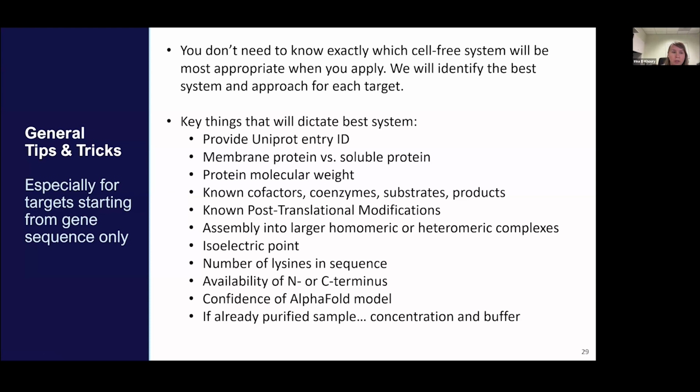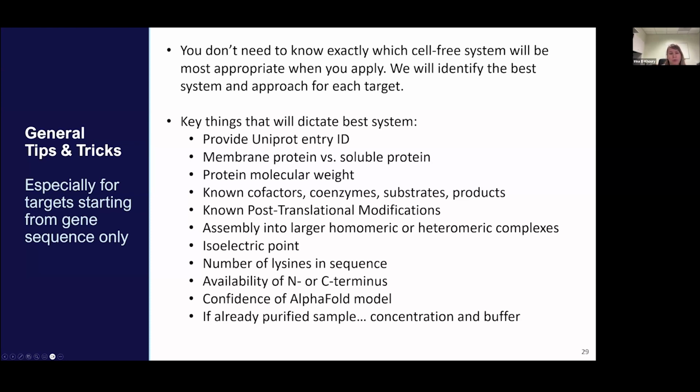Let us know, and we can try to run AlphaFold 2 and see if that is indeed the case, and maybe guide our workflow a little bit differently. Again, all these are optional. It's not required. The minimal, if you just give us the UniProt ID, that would do it.